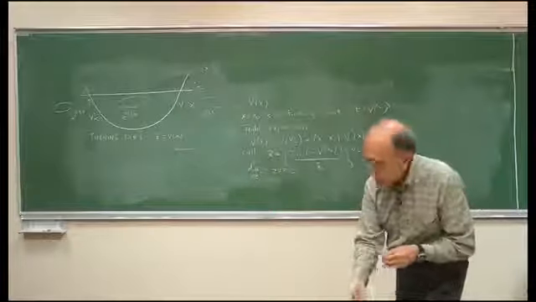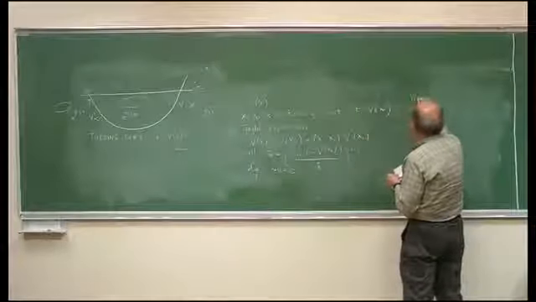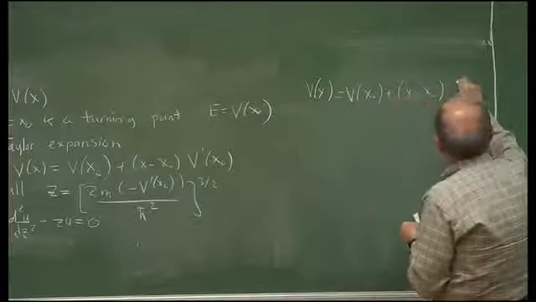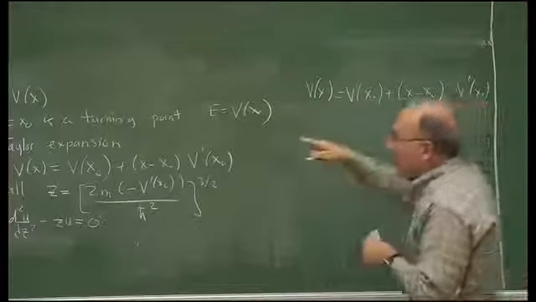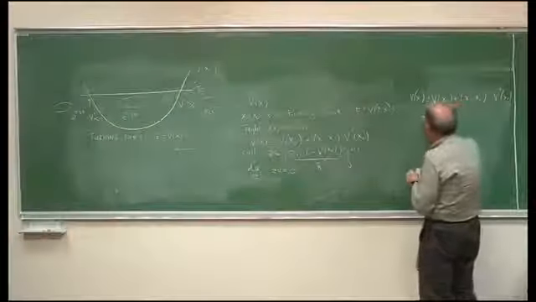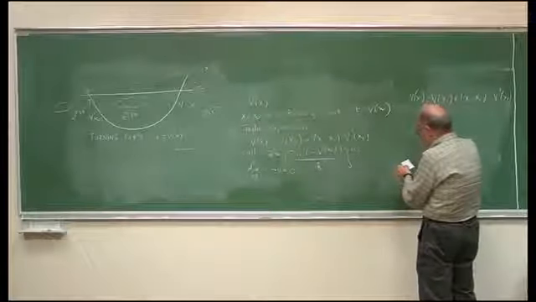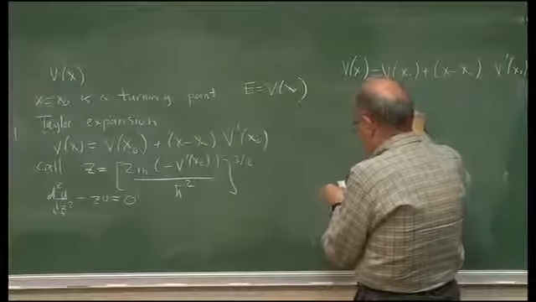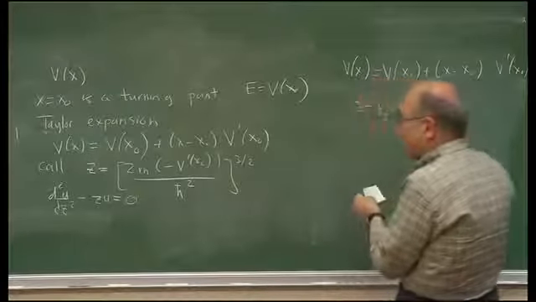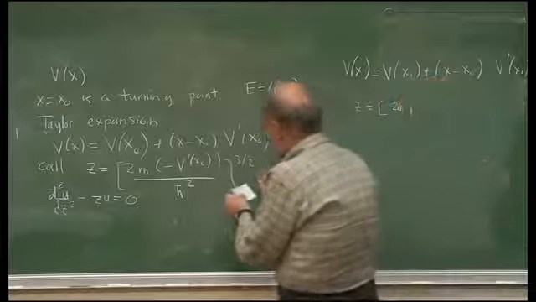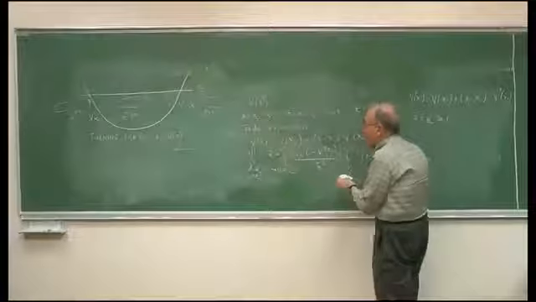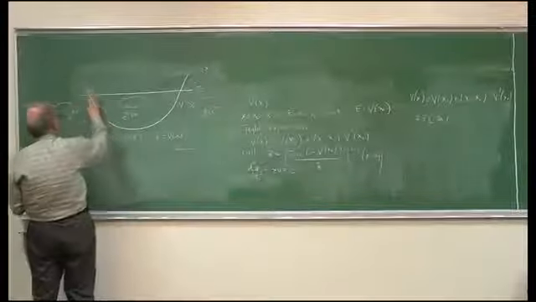This time, V of x, and now V prime is positive, so that we can now call z is equal to, sorry, this should have been x minus x1, where x1 is this one.